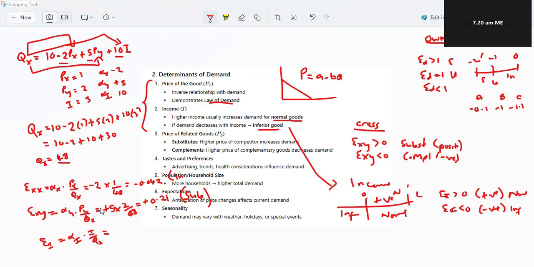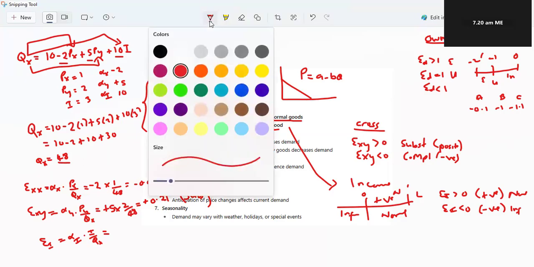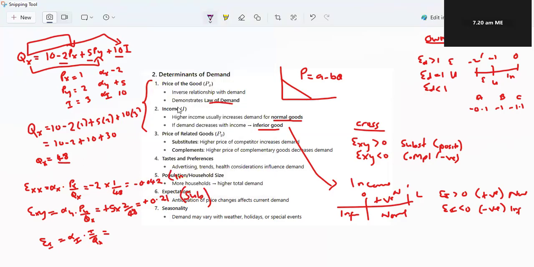Help me calculate the elasticity of income. What do we put as the parameters here? It will be 10.